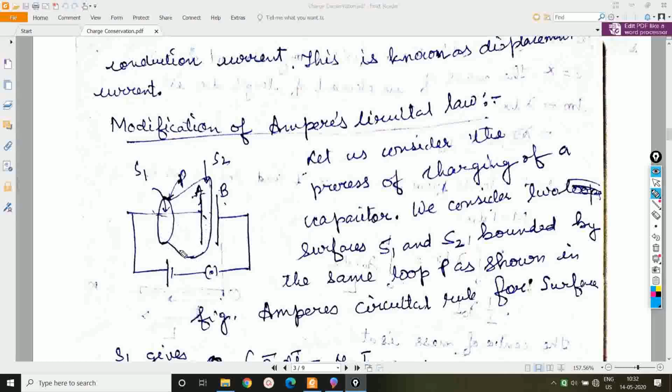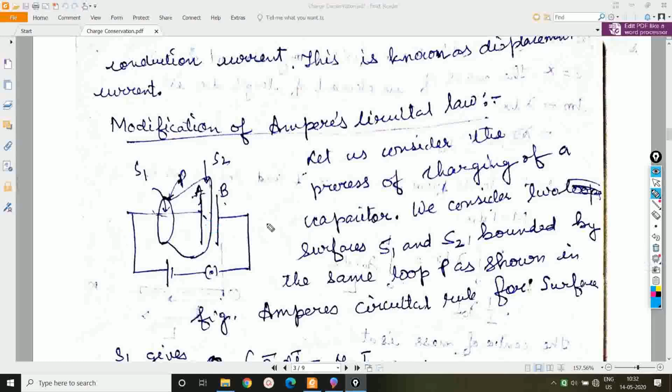Current actually flows from the plus terminal in the direction which I am showing by the blue arrow right now, because our electrons are flowing opposite to it. Anyway, current is in the external leads only, but there is no current in the region which I am showing right now, that is, between the capacitor plates. There is no flow of current. Physical current exists in the external leads only.